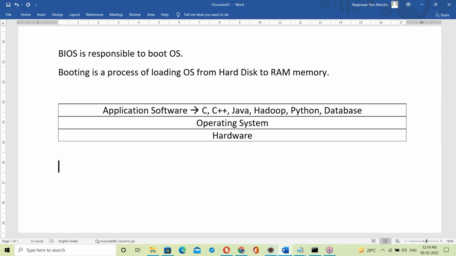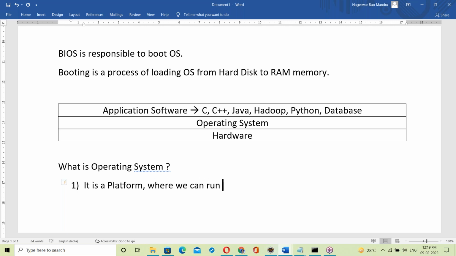So what is an operating system? It is a platform where we can run all the application software.